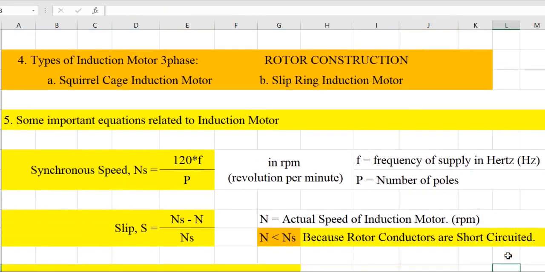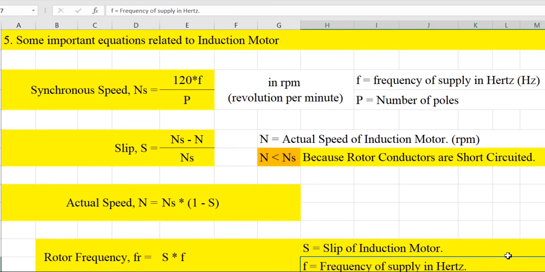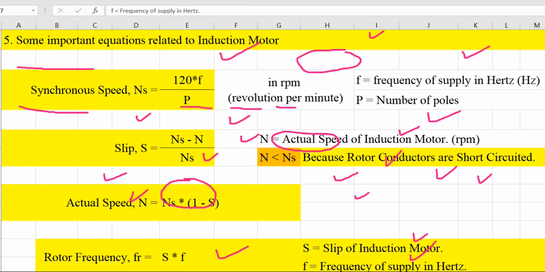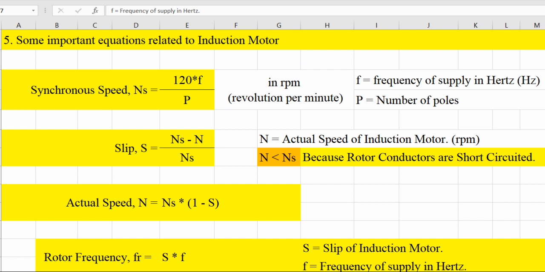Then we need to concentrate on some equations related to the induction machine. With respect to the induction motor, first we need to consider the speed, that is, the synchronous speed. If the rotating part rotates in proportion to the supply frequency, it is called the synchronous speed.